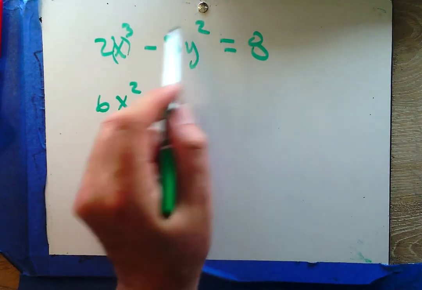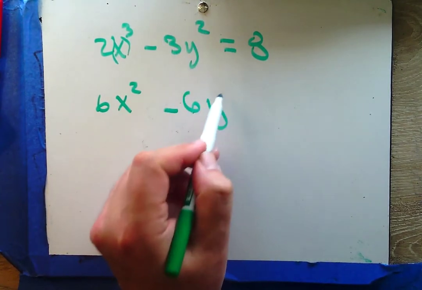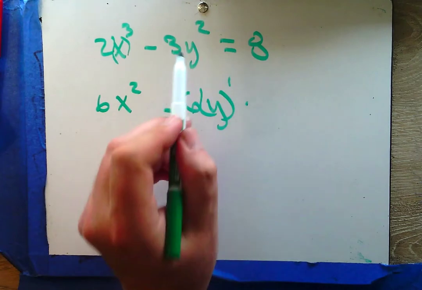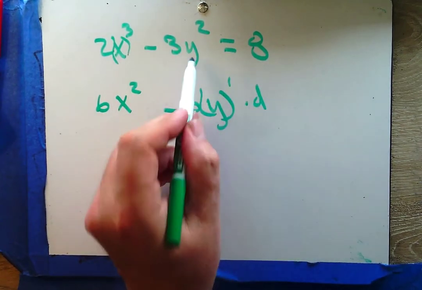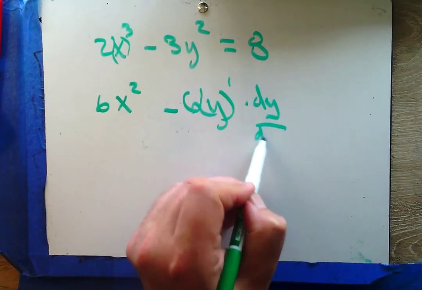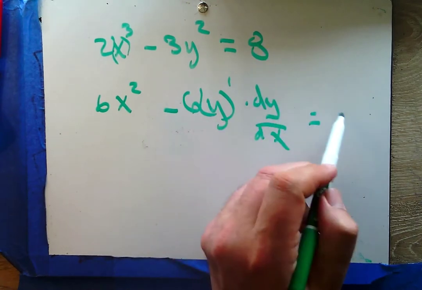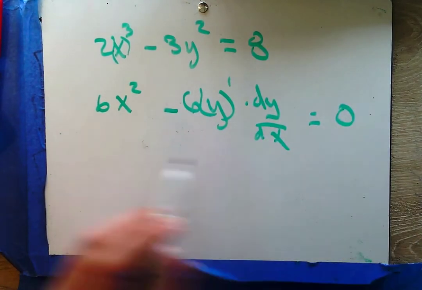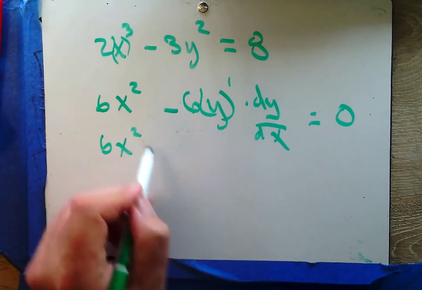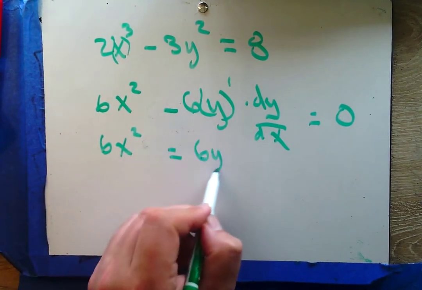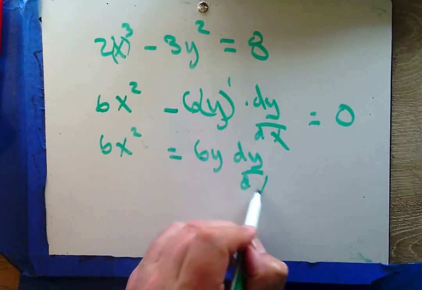But over here, I bring down that 2, I leave the inside alone, and now I come back and take the derivative of that inside with respect to x. And on the right-hand side, the derivative of 8 is 0. So I'm going to have 6x squared equals 6y dy dx.